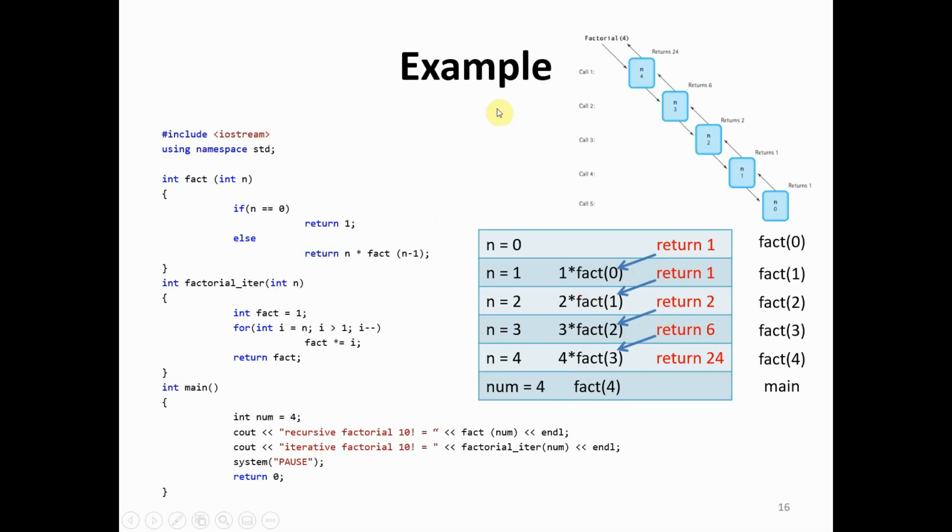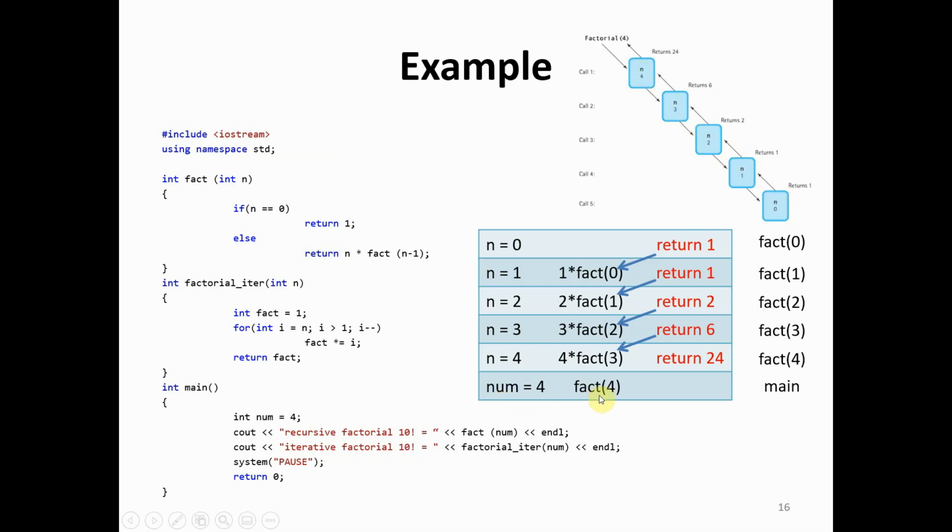And I'm showing you again the factorial example, right? This is how you can do it non-recursively, iteratively, using a loop. This is how it is done recursively. With recursion, we make the problem smaller, smaller, smaller. So we have many function calls, and then we return back, right?